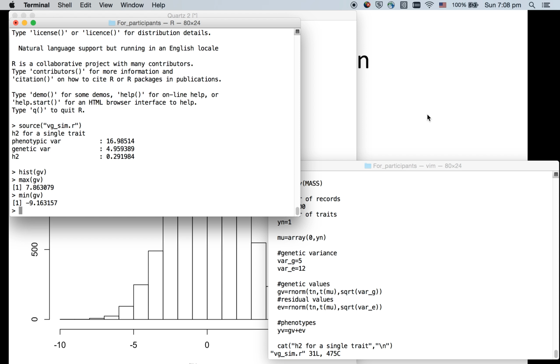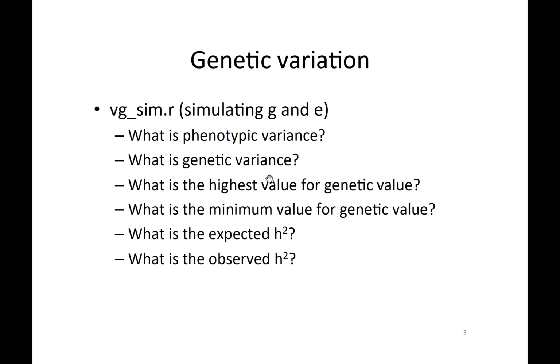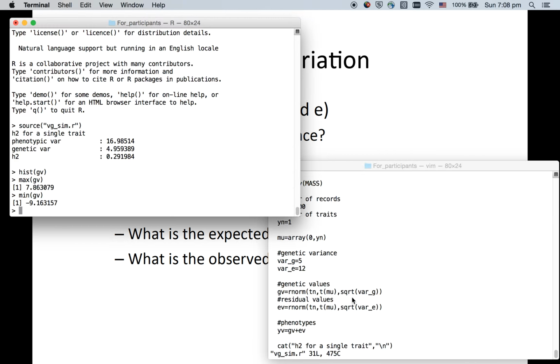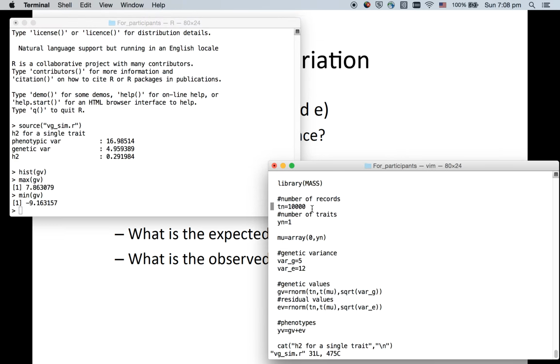Okay, and the next question: what is the expected heritability and what is the observed heritability? From the simulation, we assigned the true simulated value for the genetic variance as 5, and the residual variance as 12.